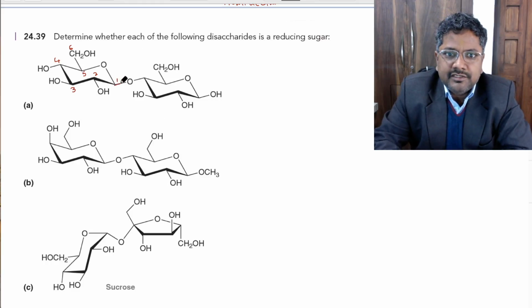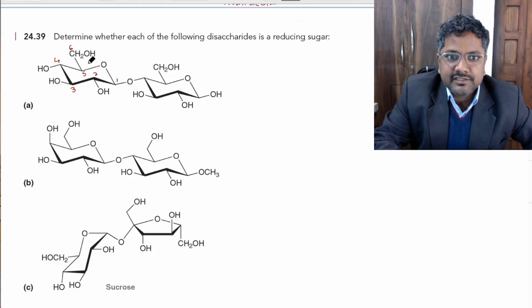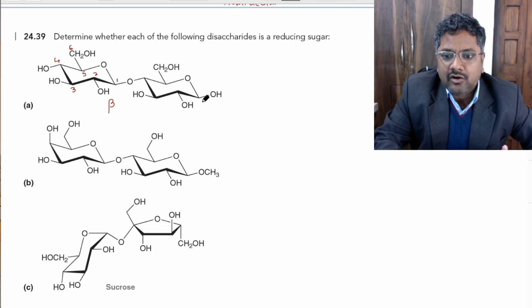So if you see, this bond is moving this side, the same side as carbon number 5. So which anomer is this? This is beta. This unit is beta. And what about this unit? We will see this orientation, at the anomeric carbon, to decide. Don't look at this linkage to decide alpha and beta.